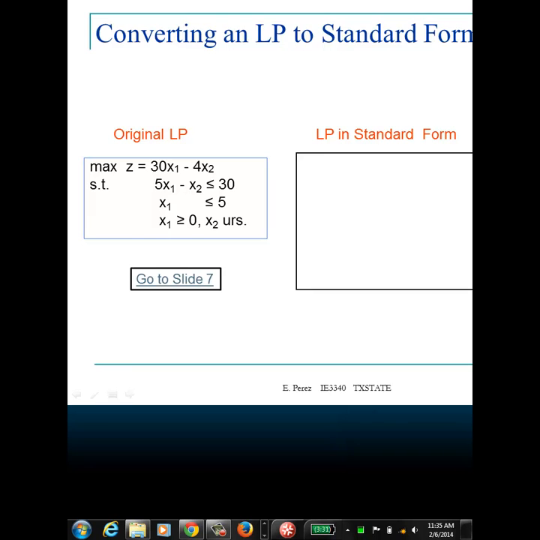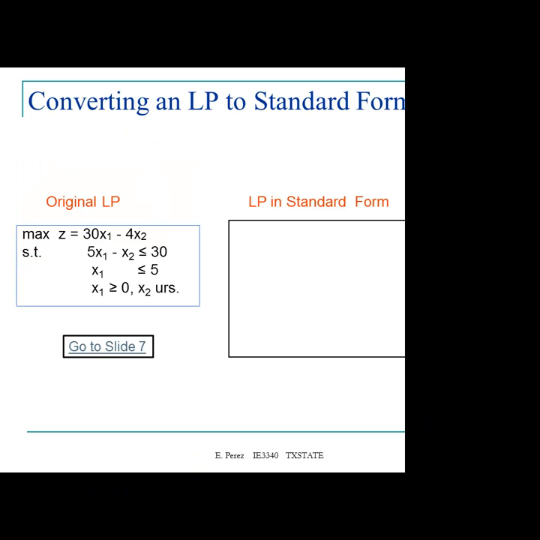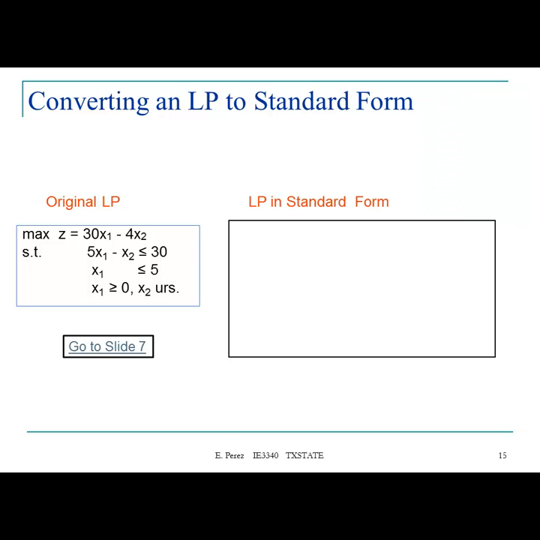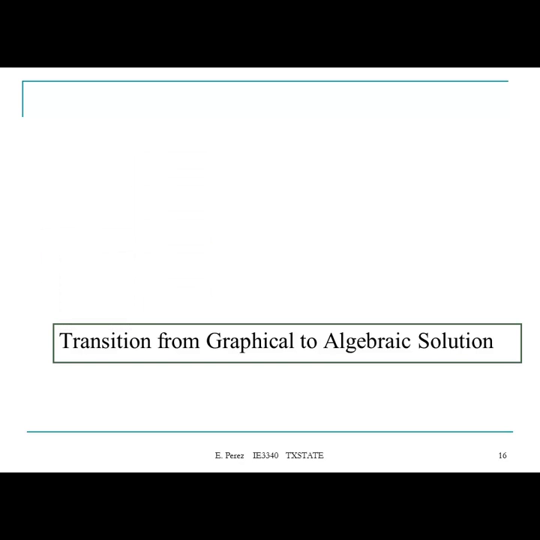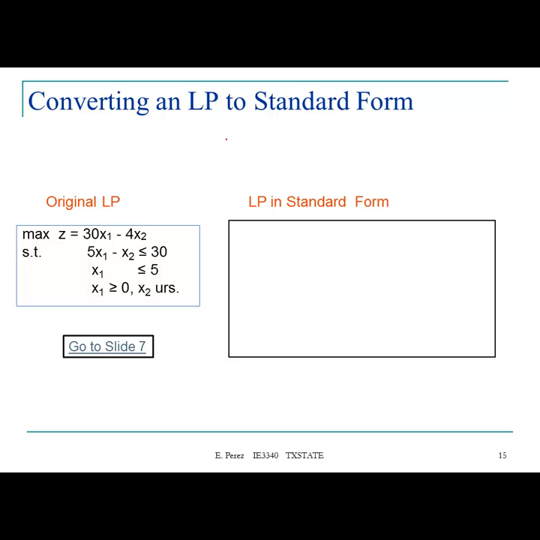Okay, so remember that we have X2 that is unrestricted, so we're going to change that decision variable X2 to X2 prime minus X2 double prime. And we're going to use that difference as our decision variable in our problem.